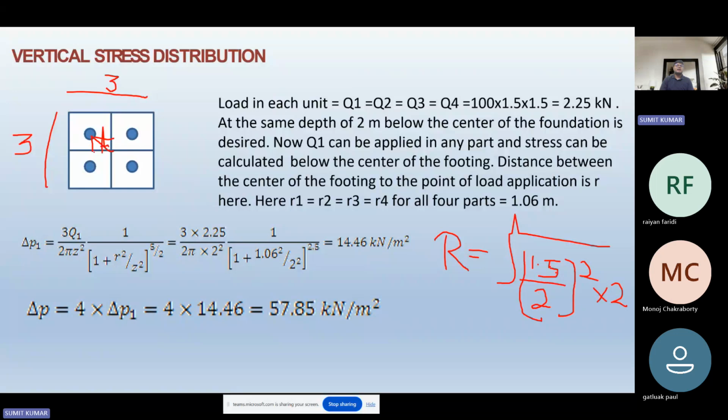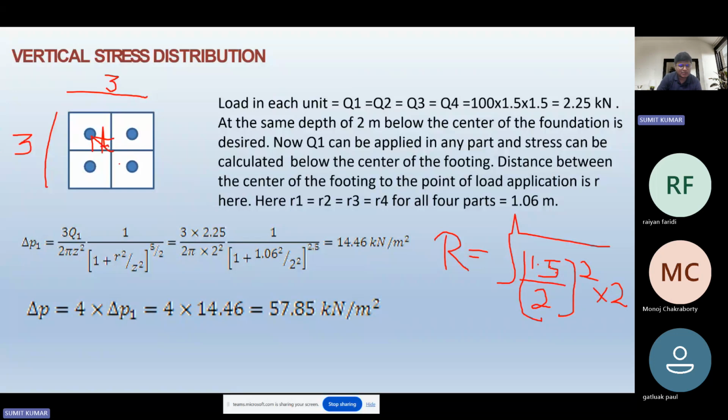So root under 1.5 by 2 square plus 1.5 by 2 square is the r, and z is already known to us, that is 2. Root under gives 1.06. So the values of R1, R2, R3, R4 are all going to be 1.06 meter.